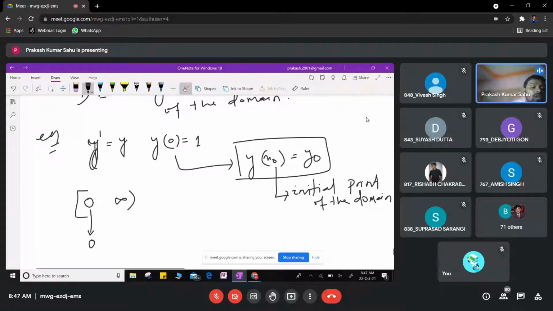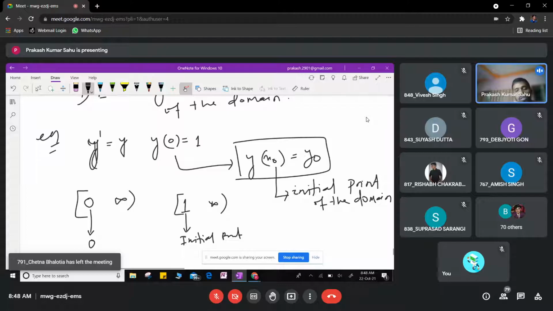Now, if you take the domain 1 to infinity, then this is your initial point. It depends on the domain. Whatever be the domain, the starting point of the domain is your initial point. And the solution at the initial point is given. That is the initial value problem.